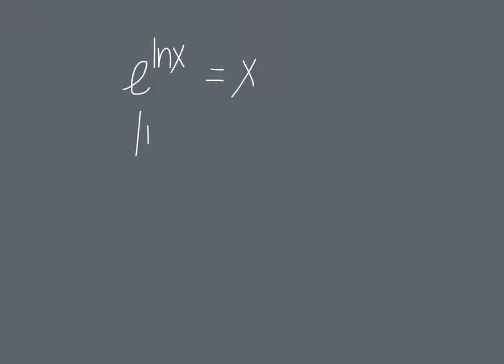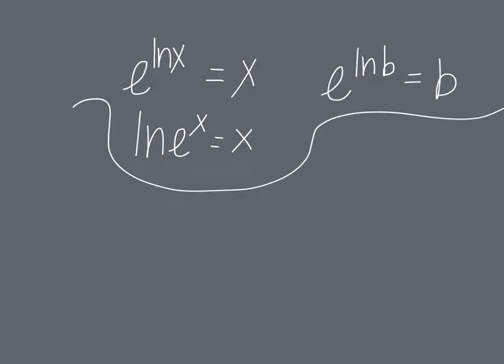It's kind of like saying the natural log of e to the x is also x. Those are really related. So if I had e to the natural log of b, that would just be equal to b.